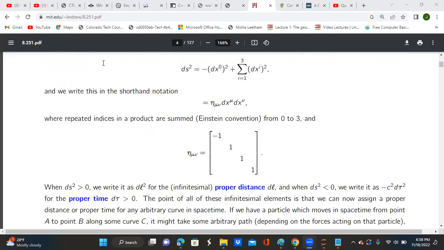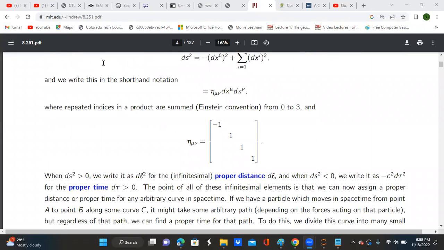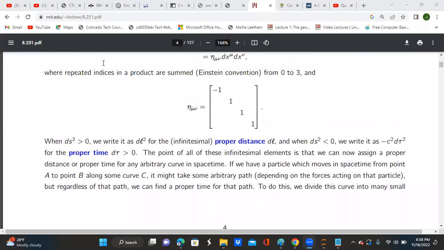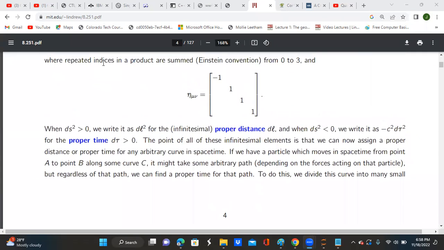We write this in a shorthand notation as η_μν dx^μ dx^ν, where repeated indices in a product are summed, the Einstein convention, from 0 to 3, and η_μν is −1 and then 1s along the diagonal.